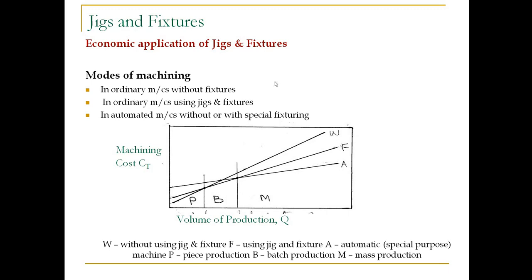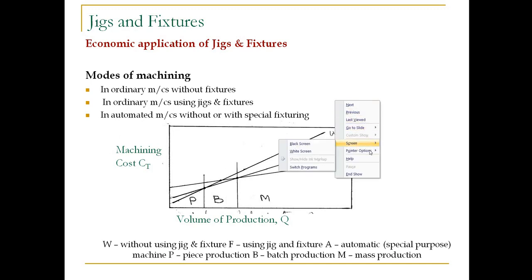So cost analysis also we will have to make, and that is nothing but economic analysis, whether the jigs and fixtures we are using are feasible cost wise or not, right? So for that we can see the plot graph shown over here, that of machining cost versus volume of production.